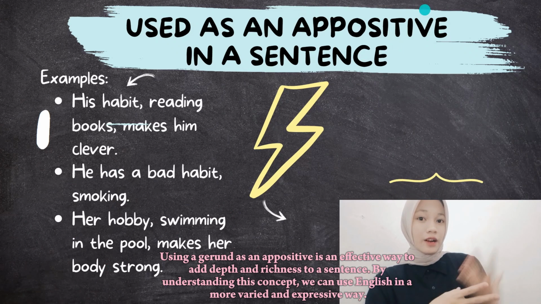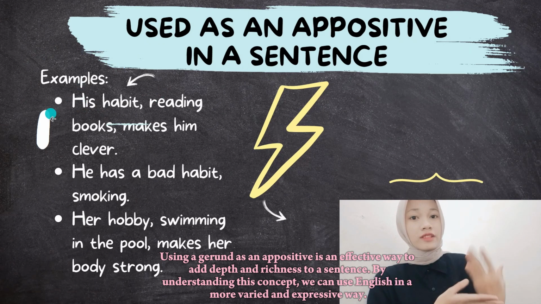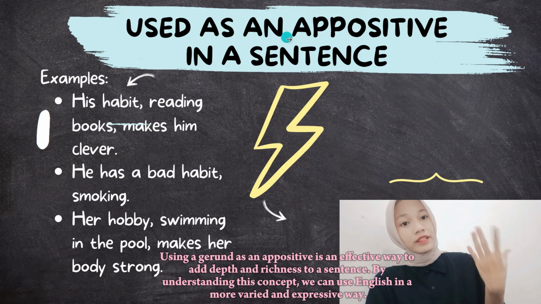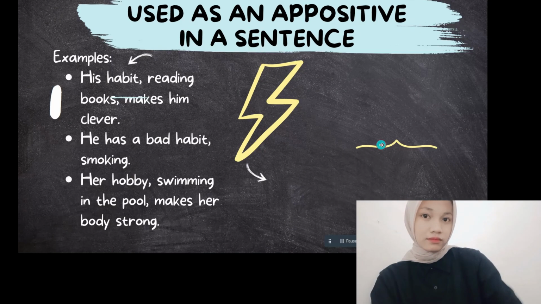Using a gerund as an appositive is an effective way to add depth and richness to a sentence. By understanding this concept, we can use English in a more varied and expressive way.